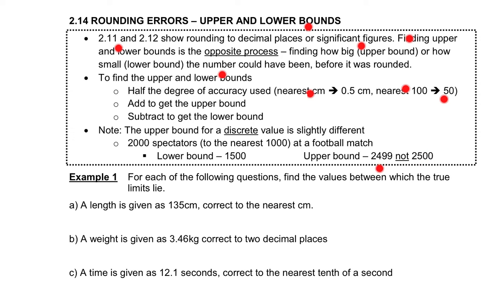So because this is a discrete value, it's an exact number of people. It's not like 4,999.9999 people. It's just 4,999 people, or else 2,500 people. The upper bound in this case would be 2,499.